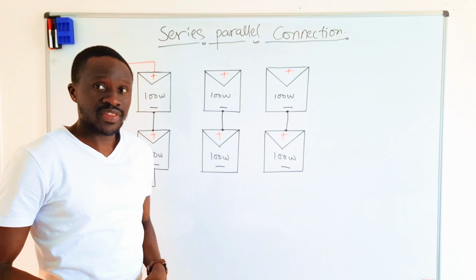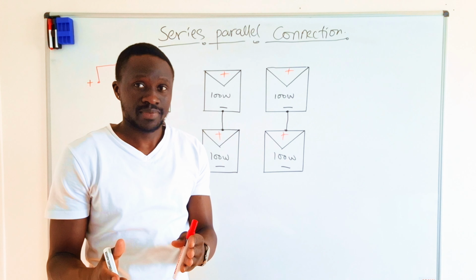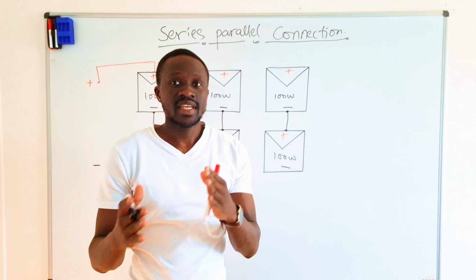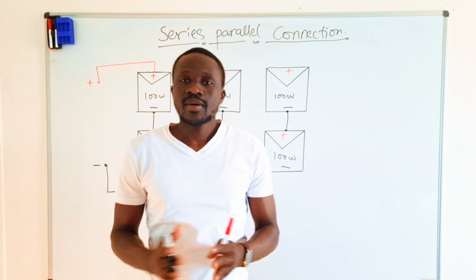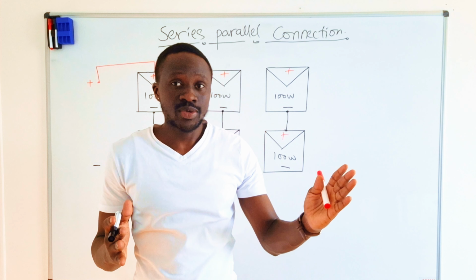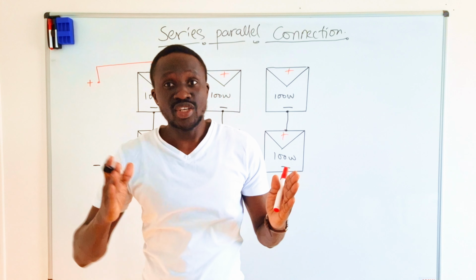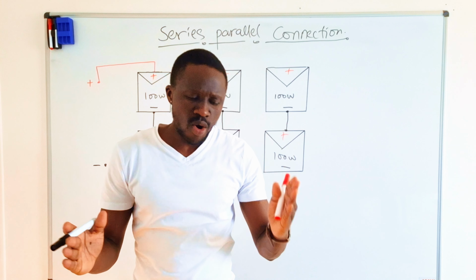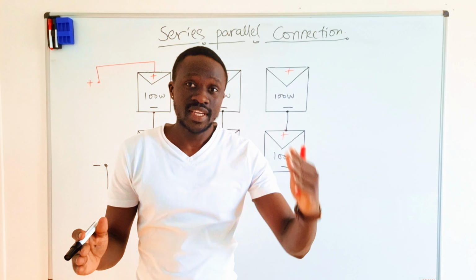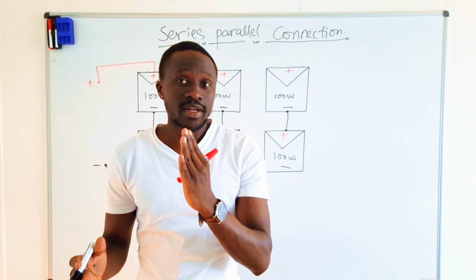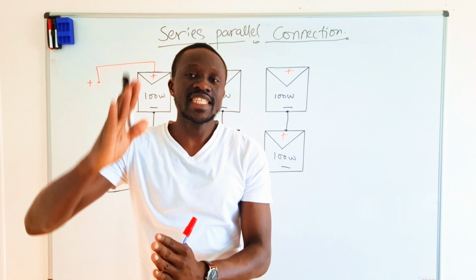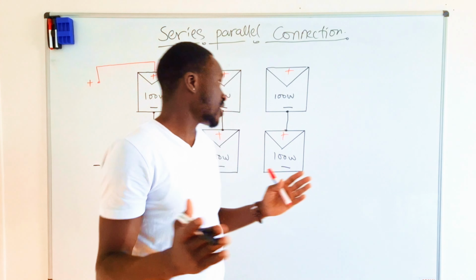Always start with negative when you're connecting solar panels. In electrical work, always start with the neutral, or you must first start with the earth, then connect the neutral. Then live comes later. Live is the red cable.